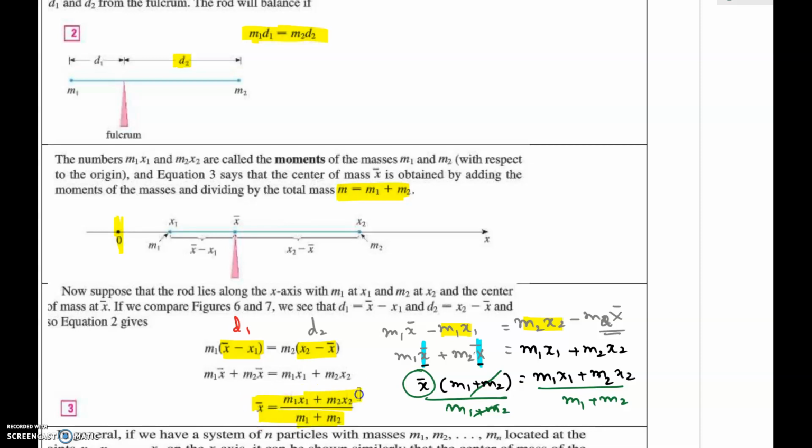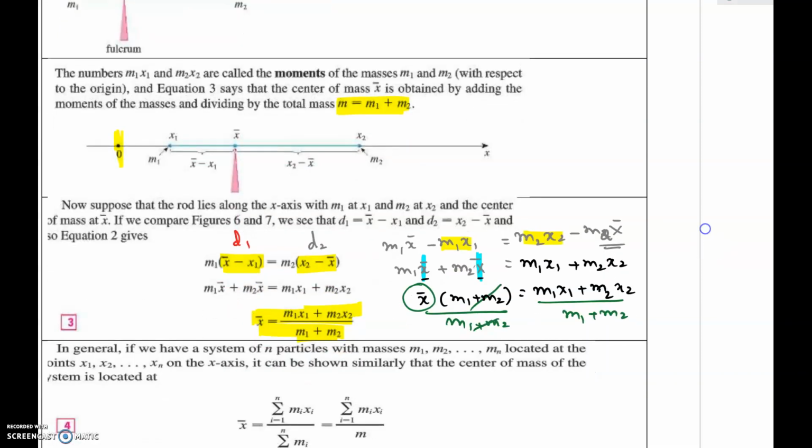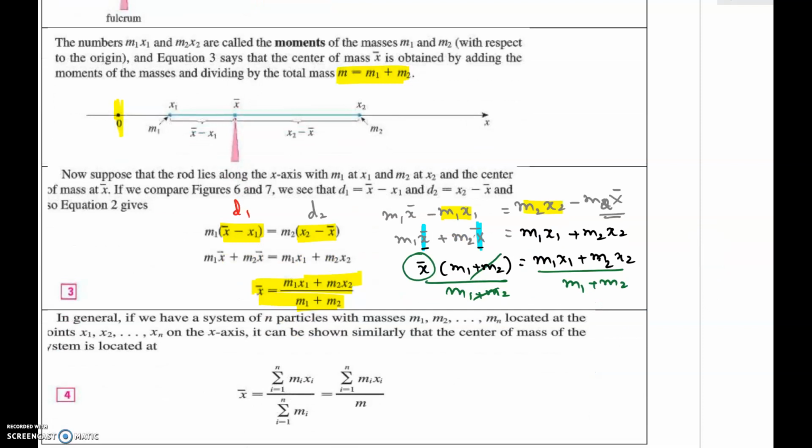It is similar to the idea of finding a weighted mean. So it is M1 x1 plus M2 x2 divided by the total mass.